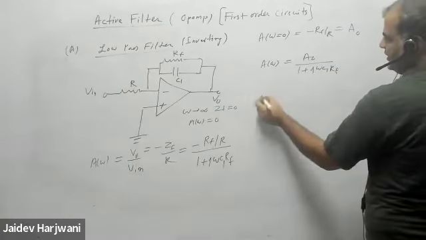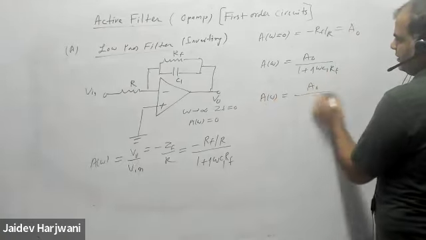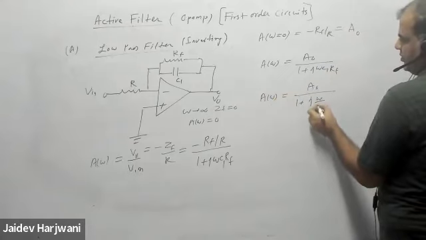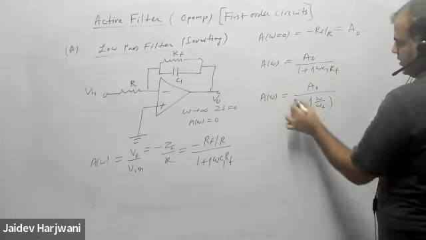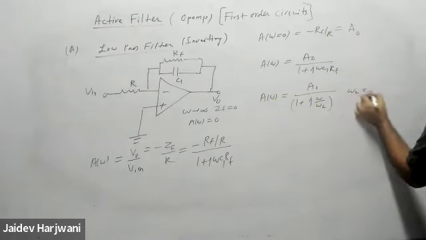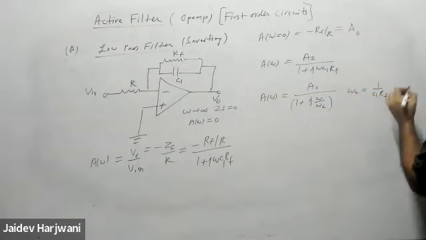This again I can write as A naught upon 1 plus j omega upon omega c, where omega c is defined by 1 upon C1 RF.